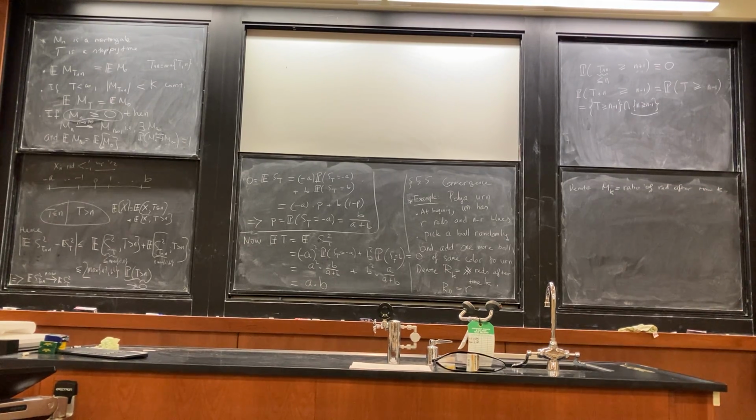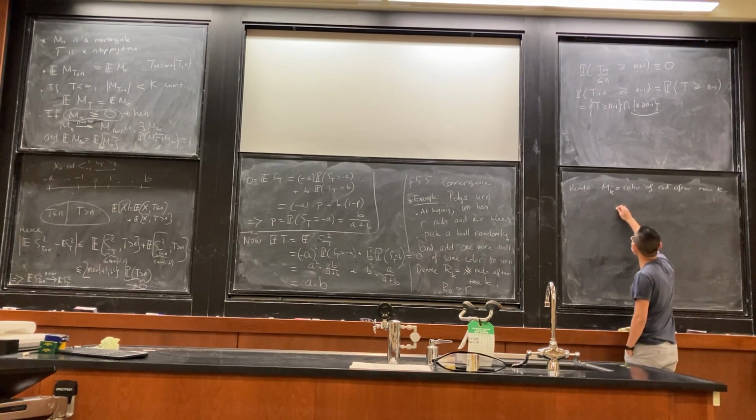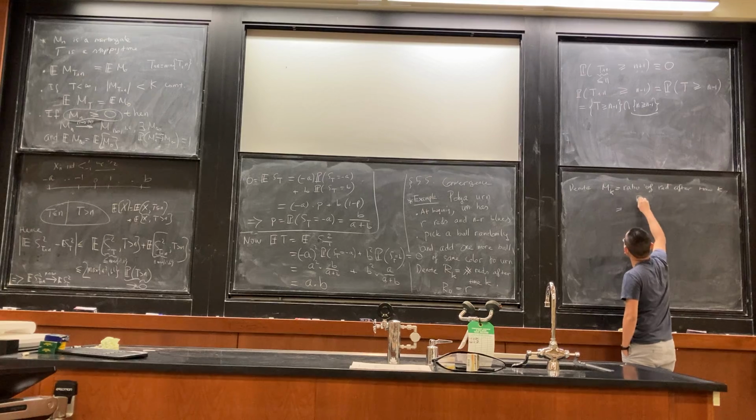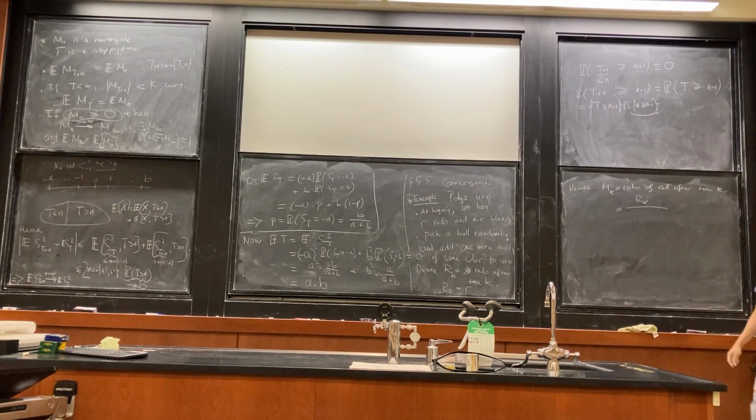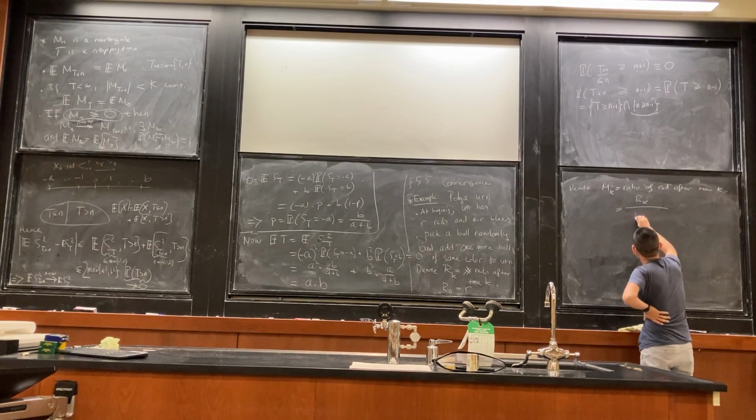Note that M_k is just R_k divided by the total balls after time k. How many balls in total? n plus k. So after k times, I have a total of n plus k.